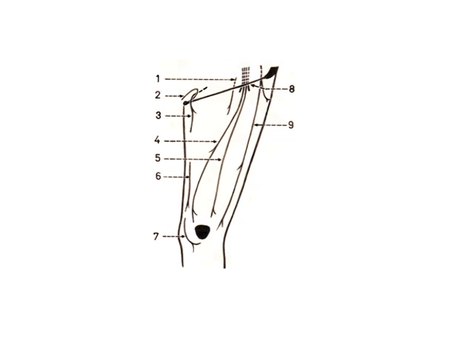Most of them arise as branches from the femoral nerve, number 8. This femoral nerve gives the intermediate cutaneous nerve of the thigh, number 5, and the medial cutaneous nerve of the thigh, number 4.